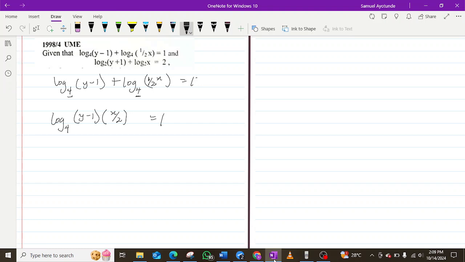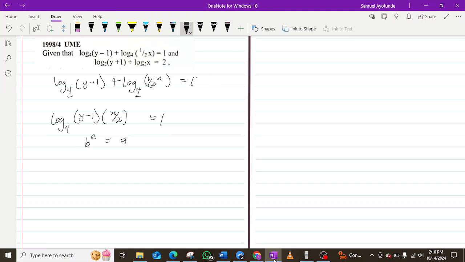Then we can now apply the rule that changes a logarithm equation to an exponential or indices equation. So we have base to the power of the exponent is equal to the argument. So b is base, e is exponent, and a is argument. The base in this question is 4, the exponent is 1, and the argument is (y minus 1) times x over 2.